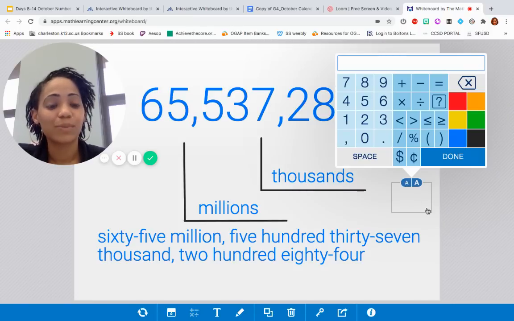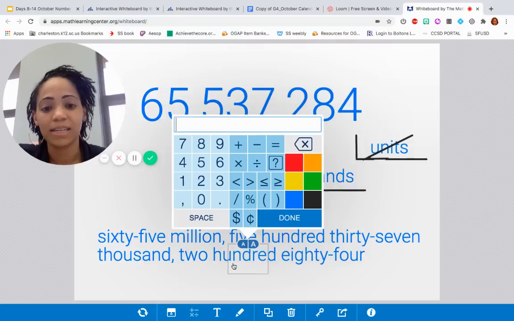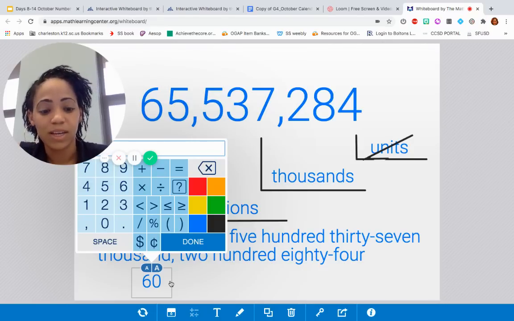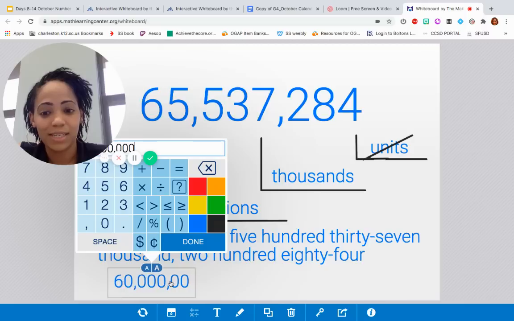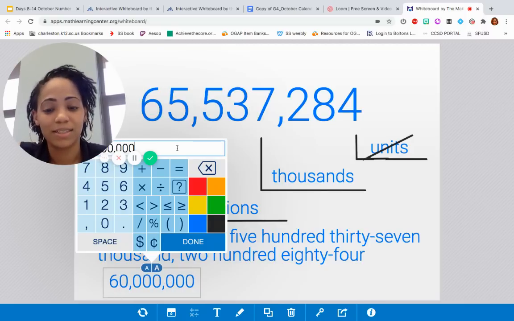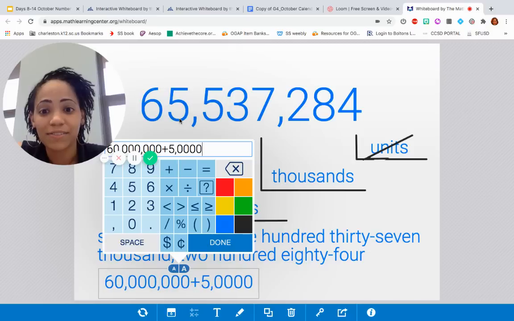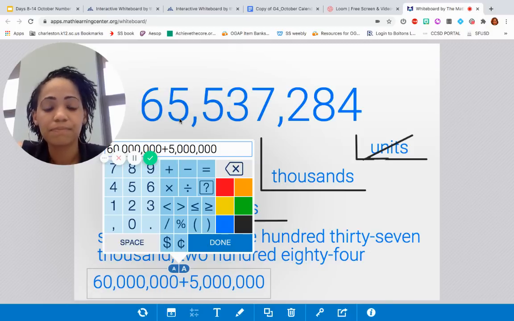What is the value of the 6 in 65 million? Yeah, so really it's 60 million. Okay, and what else? What's that 5 worth? And that's 5 million.